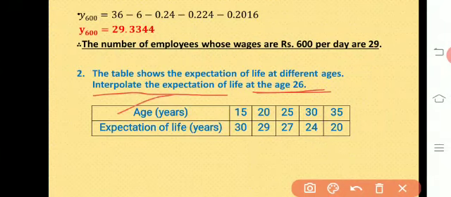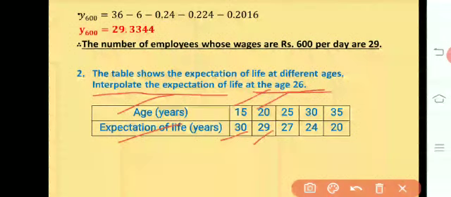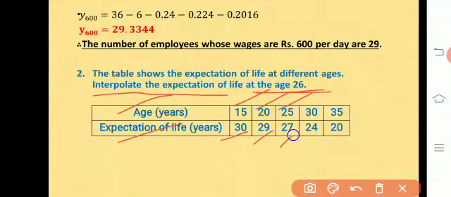Here age and expectation of life are given. Age 15 expectation of life is 30, age 20 expectation of life is 29, age 25 expectation of life is 27, age 30 expectation of life is 24, age 35 expectation of life is 20.